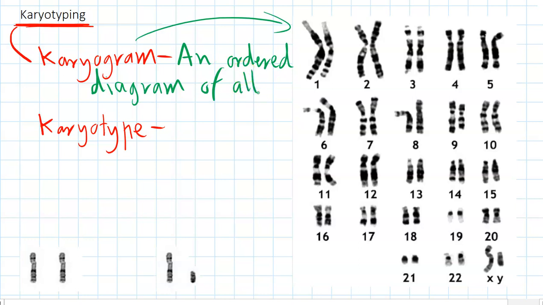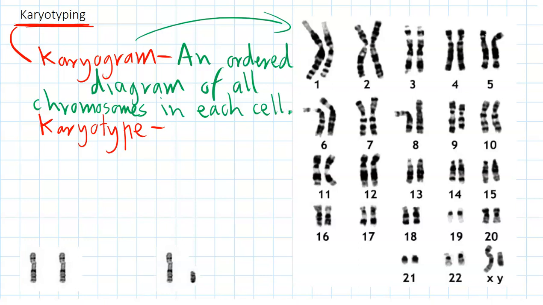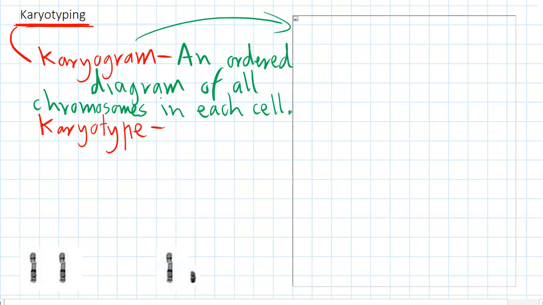So remember that every cell in a species will have exactly the same set of chromosomes. This is a human karyogram here, and that means that every cell in the human body has these same chromosomes.